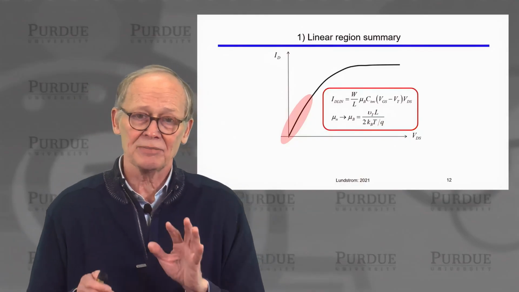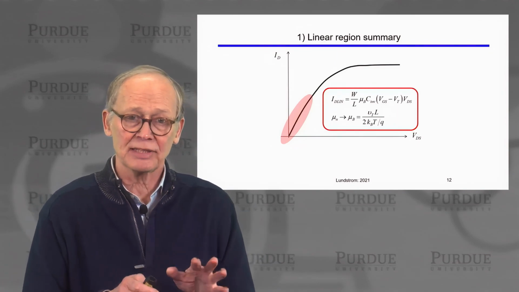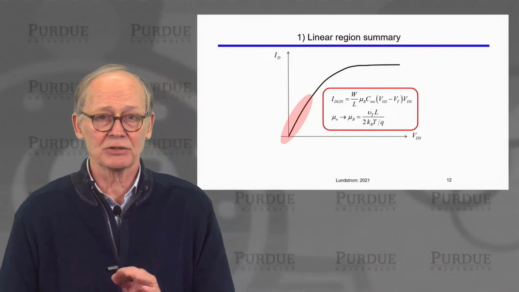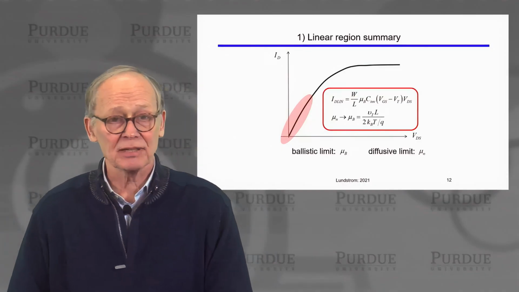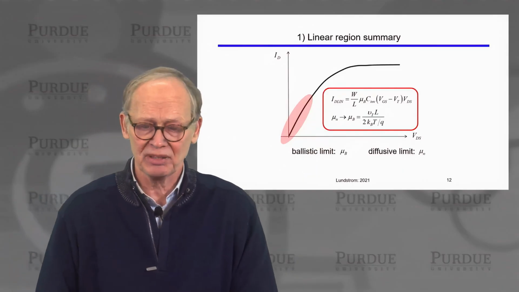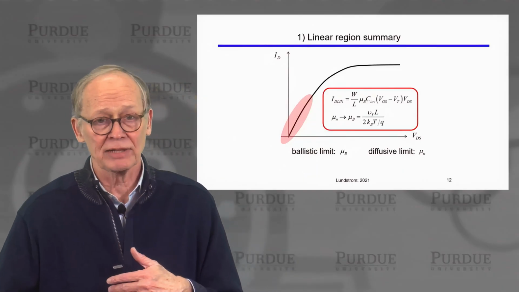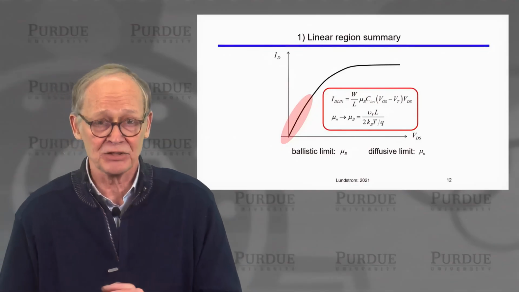So we can end up making the transmission expression for the linear region current look just like the traditional expression with this definition. In the ballistic limit, the mobility in this expression will be the ballistic mobility. If we have a very long channel length device, then we should use the scattering limited mobility, the conventional mobility.